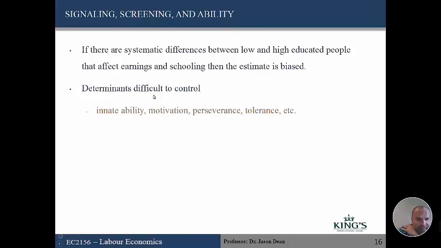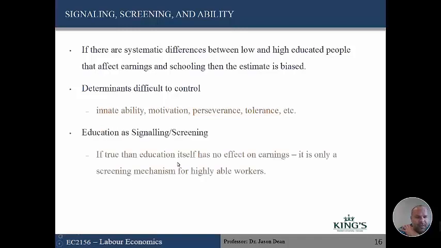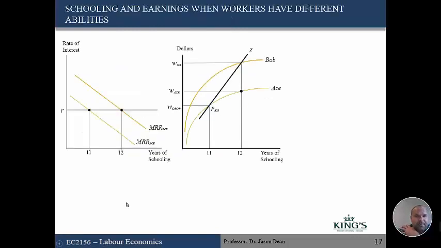You want to be able to control for these, but if you think of data sets that you would collect on people, it's very difficult to measure these things. How do you think of having a survey and asking the person to provide their ability level? It's a very difficult thing to measure. So again, if education acts really like a screening device, and you don't control for these things, then you're going to get a very biased estimate.